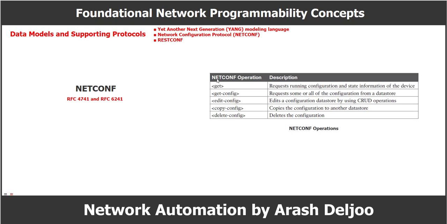As you can see, the NETCONF operations include get, get-config, edit-config, copy-config, and delete-config. With get, we can request running configuration and state information from the device. With get-config, we can request some or all of the configuration from a data store. With edit-config, we can edit a configuration data store by using CRUD operations. Copy-config copies the configuration to another data store. And with delete-config, we can delete the configuration.